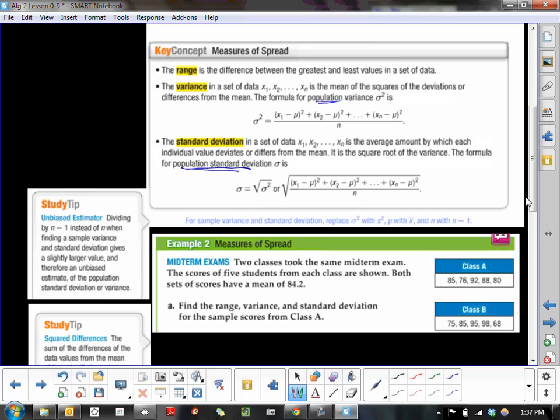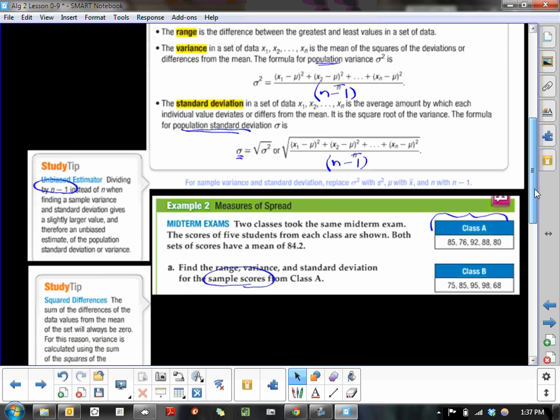And here, they're asking us for the sample scores from class A. So sample scores means there are more students than that in class A, but these were a sample of those in class A. Because we have a smaller subset of our actual class, we want to divide by n minus 1. So realistically, in this formula, we're going to replace the n with an n minus 1, and this n with an n minus 1, which isn't going to have a whole lot of impact. All we're going to do to find standard deviation is take the square root of the variance. So we've got to keep that in mind when we go to our calculation.